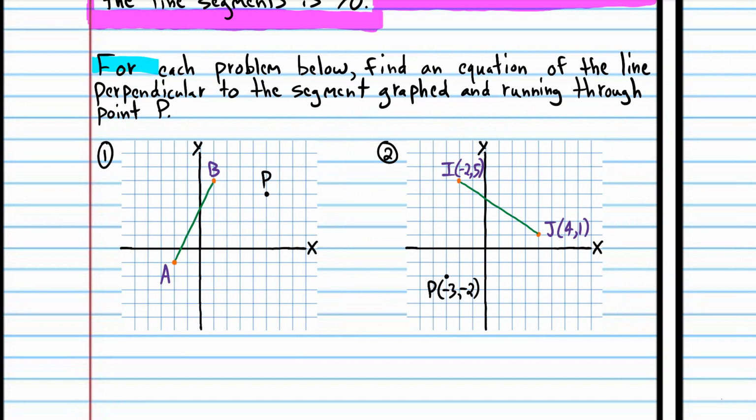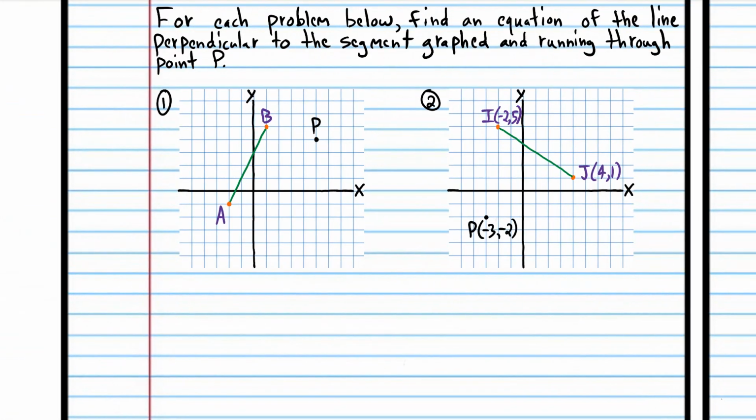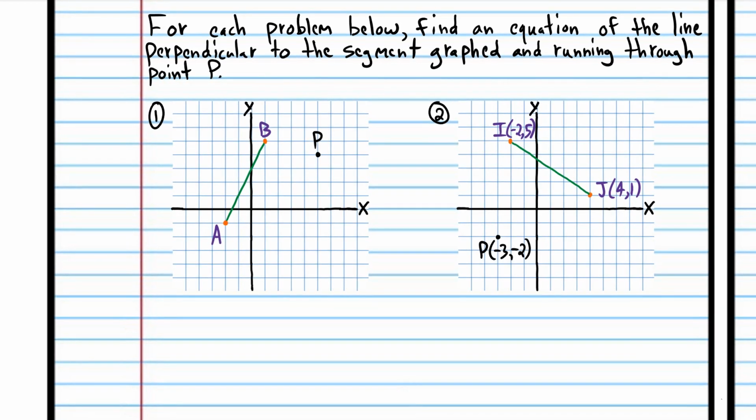So it says, for each problem below, find an equation of the line perpendicular to the segment graphed and running through point P. So they're asking us to find the equation of a line. To find the equation of a line, you need two things: a point on the line and the slope of the line.